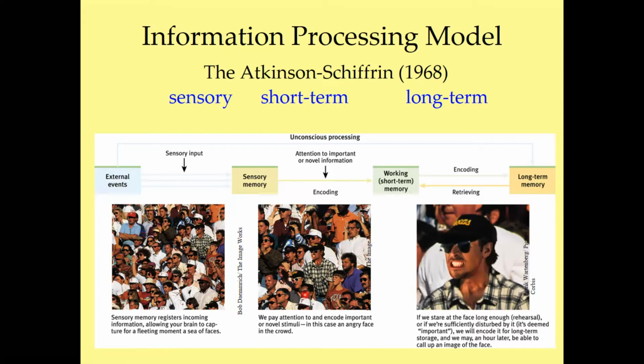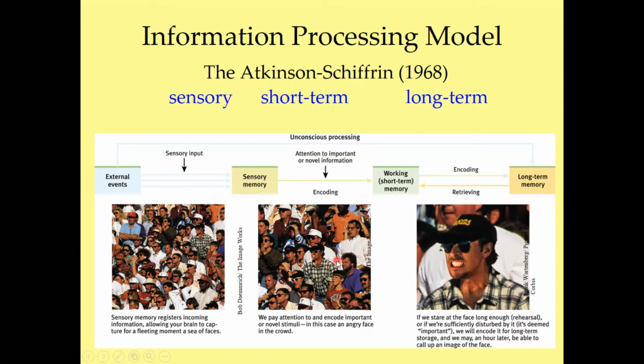It's whittled down to what's most important to us. That information, in turn, can only stay there a very short period of time, longer than sensory memory, but not long enough for us to really have it much later.